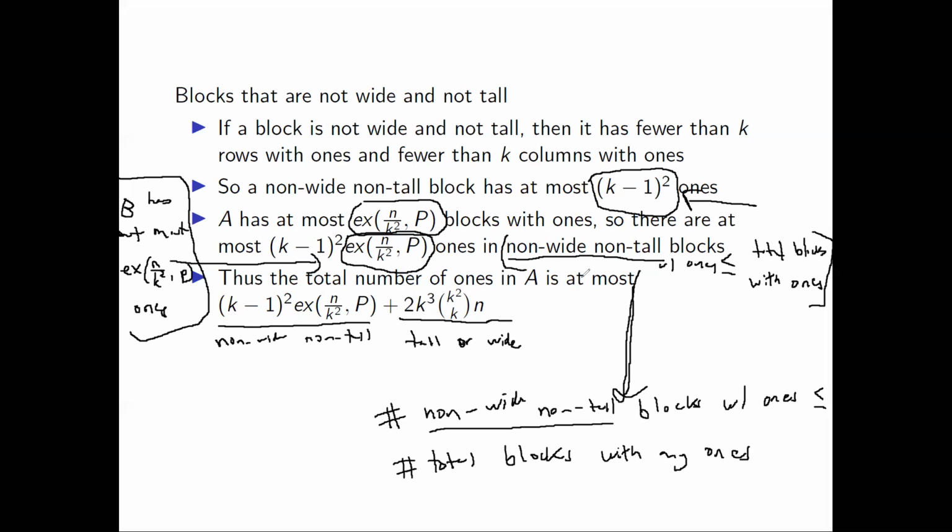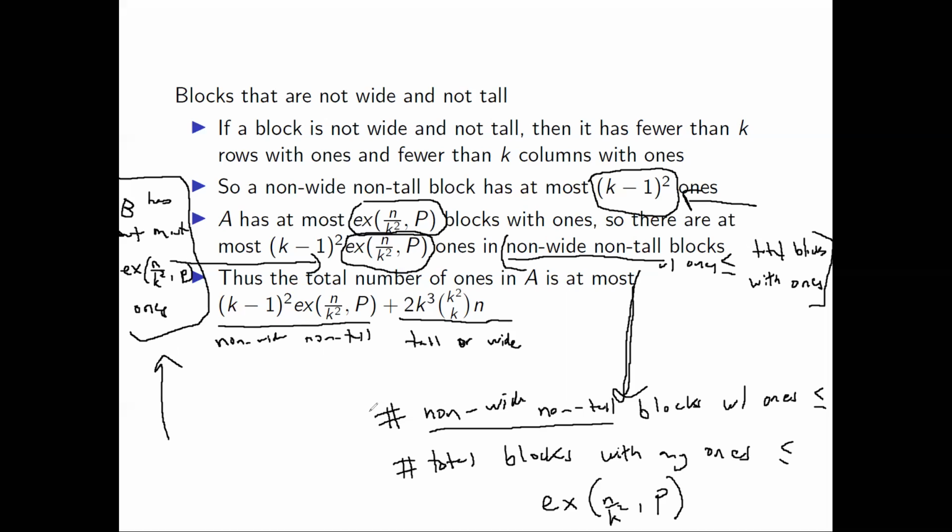And that's why we can say then that the number of non-wide, non-tall blocks with ones is less than or equal to ex of n over k squared comma p, because that's an upper bound on the number of total blocks with any ones. Again, the number of total blocks in A with any ones is equal to the number of ones in B. And we said B has at most ex of n over k squared comma p ones, because B avoids p and B had dimensions n over k squared by n over k squared.